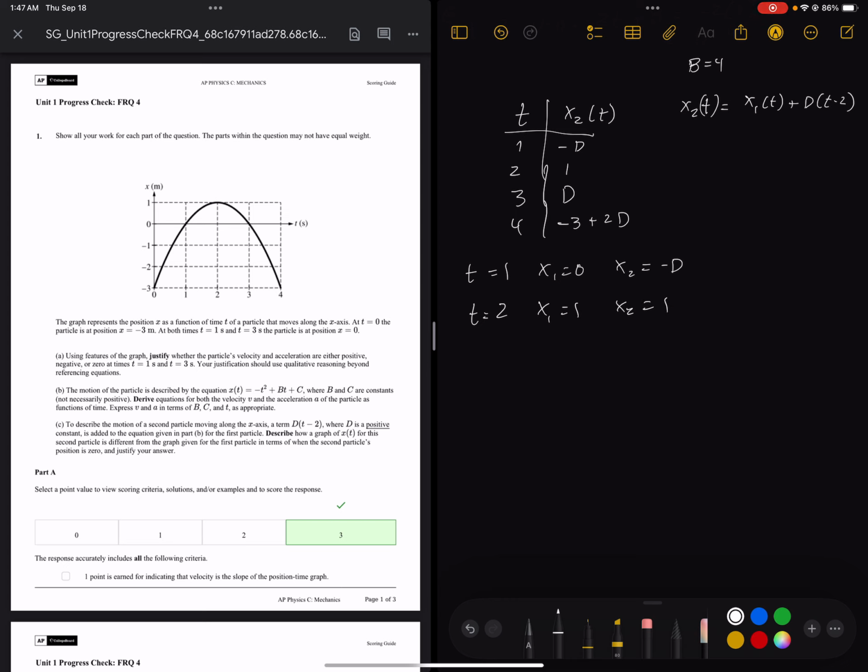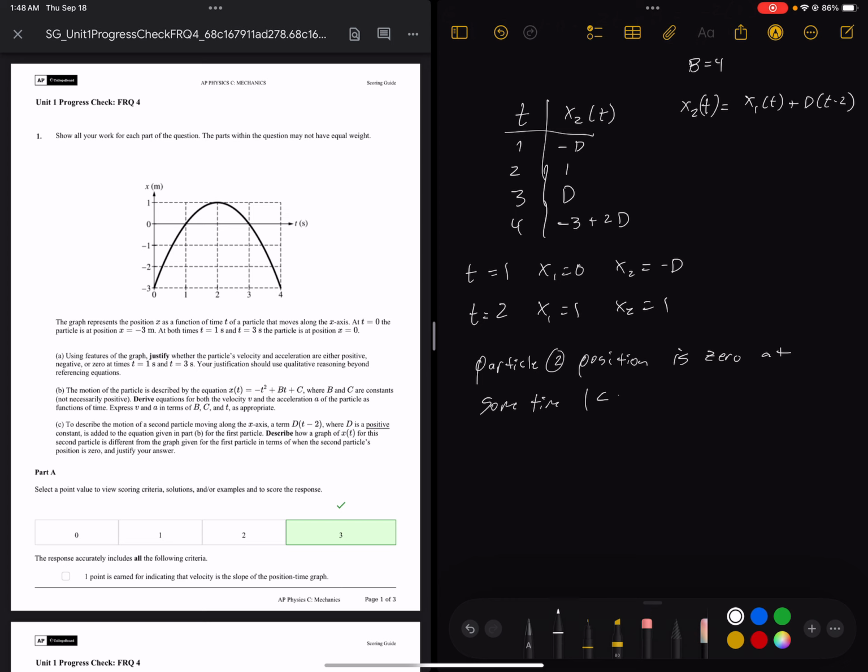So let's go back to the question. In terms of when the second particle's position is 0, justify your answer. Okay, so particle 2's position is 0 at some time, actually, I'm just going to write it as an inequality.